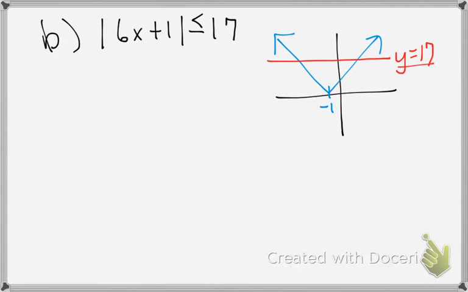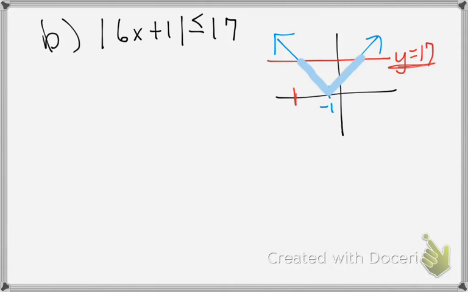Since I'm worried about where the blue line is underneath the red line, I can easily see that it starts here, goes down, comes back up, and then it stops. So this is going to cause some issues for us when we're writing our answer.